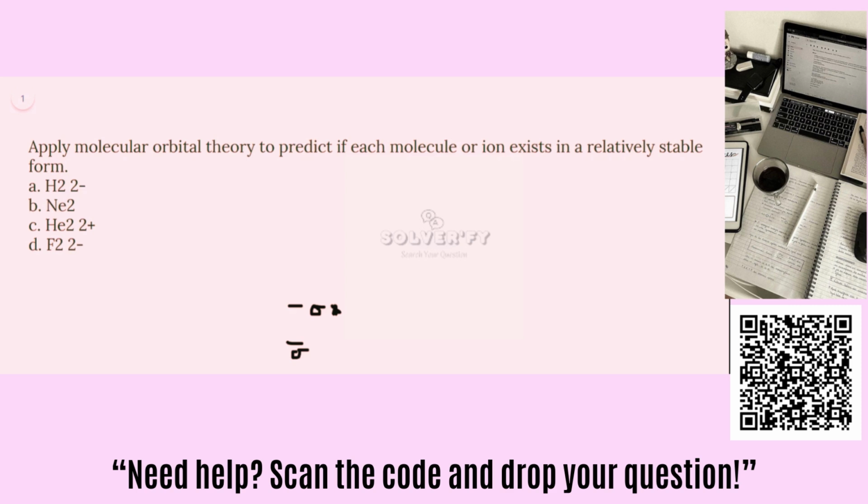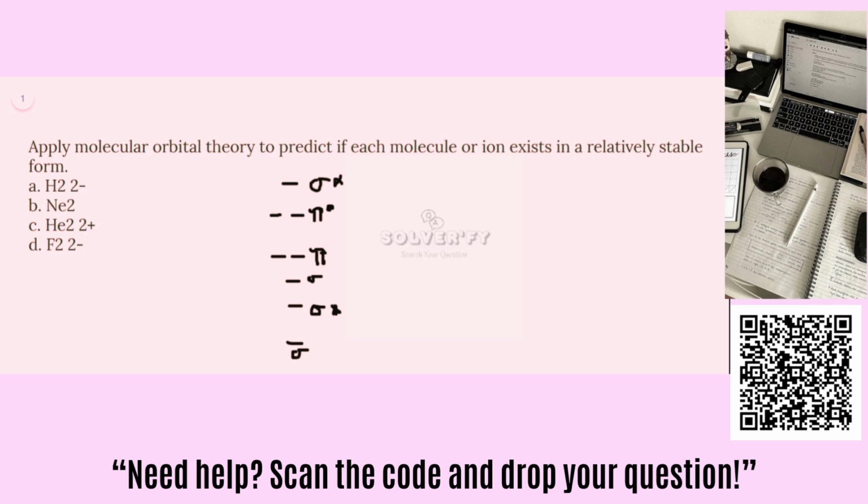That's good enough for A, but for B and D, we're going to need the pi orbitals. So I'm going to go ahead and put those in. It's going to start with another sigma, then 2 pi's, then 2 anti-bonding pi's, and an anti-bonding sigma.